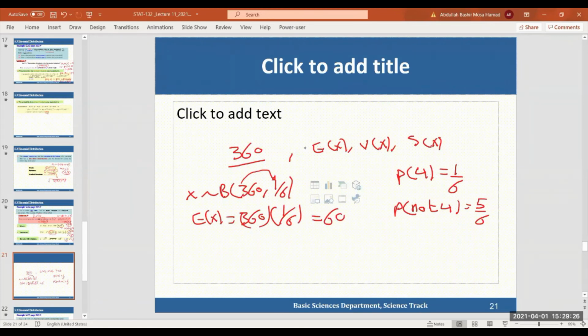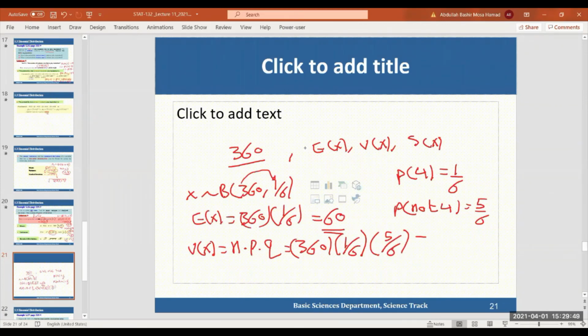Variance equals n p q, where n is 360, p is 1 over 6, and q is 5 over 6, which gives 50. To find standard deviation, sigma is the square root of npq. NPQ we already found is 50.